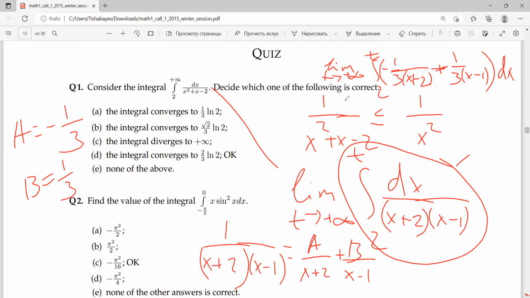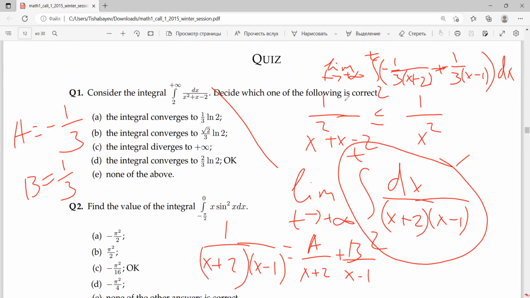So here we have now limit as t tends to +∞. What do we get here now?